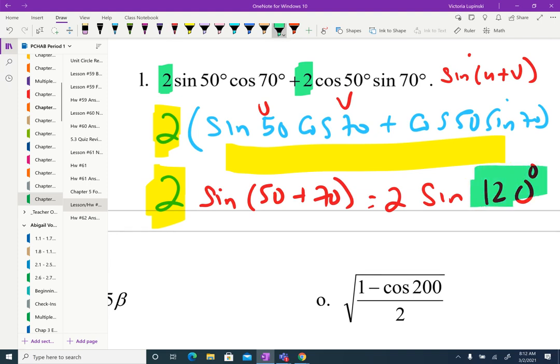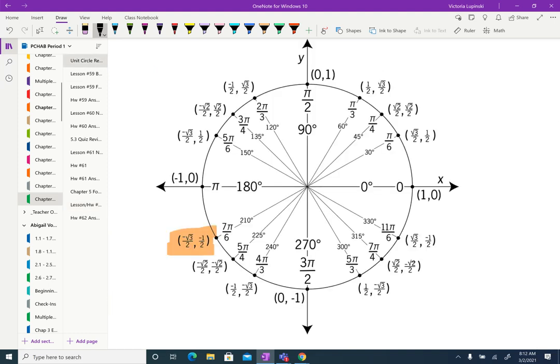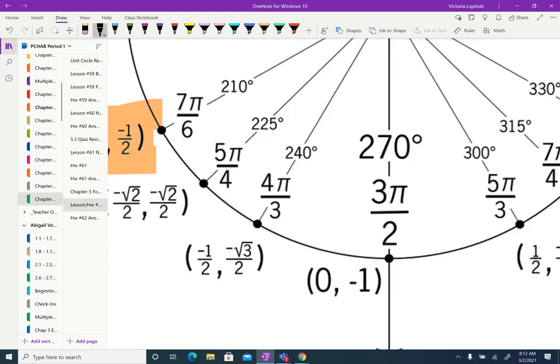120 degrees is on the unit circle. So you're going to get your final answer by, again, leaving the 2 on the outside. The sine of 120, if you look at your unit circle, here's 120. The sine is the y value. So you're going to get radical 3 over 2.